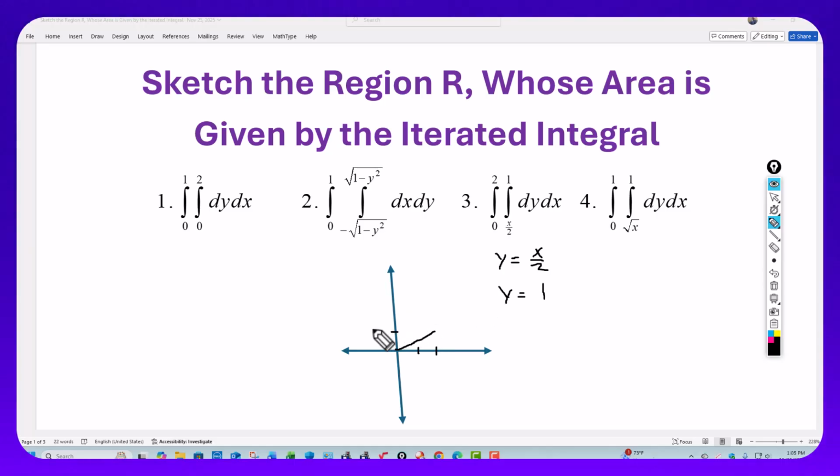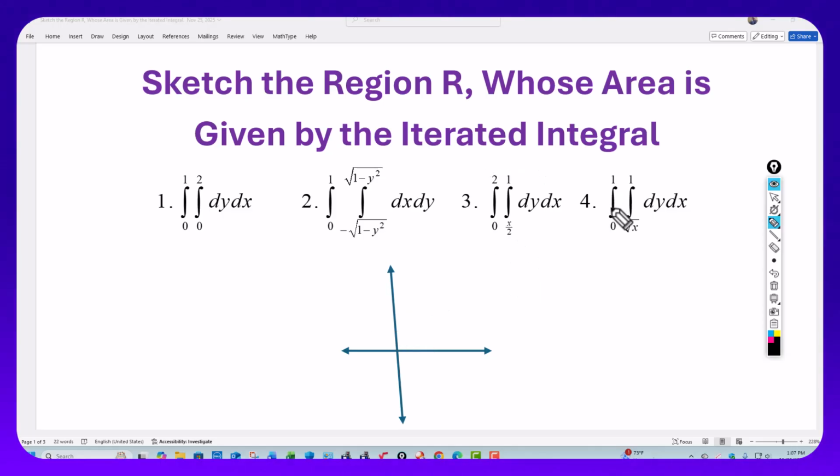Then y equal 1 is the horizontal line that passes through the point (0, 1), and it's going to go like this. The x uses these limits, going from 0 to 2. So where those two regions intersect, it'd be right here. That's the region you would shade in. That's the region you'd be integrating over if you were given the function to completely evaluate the integral. So this is the region for the third one.